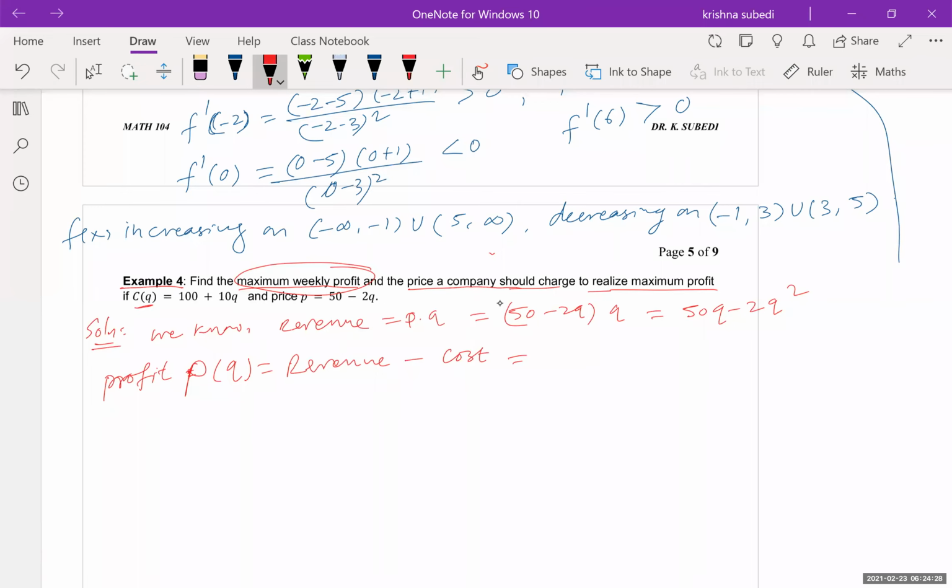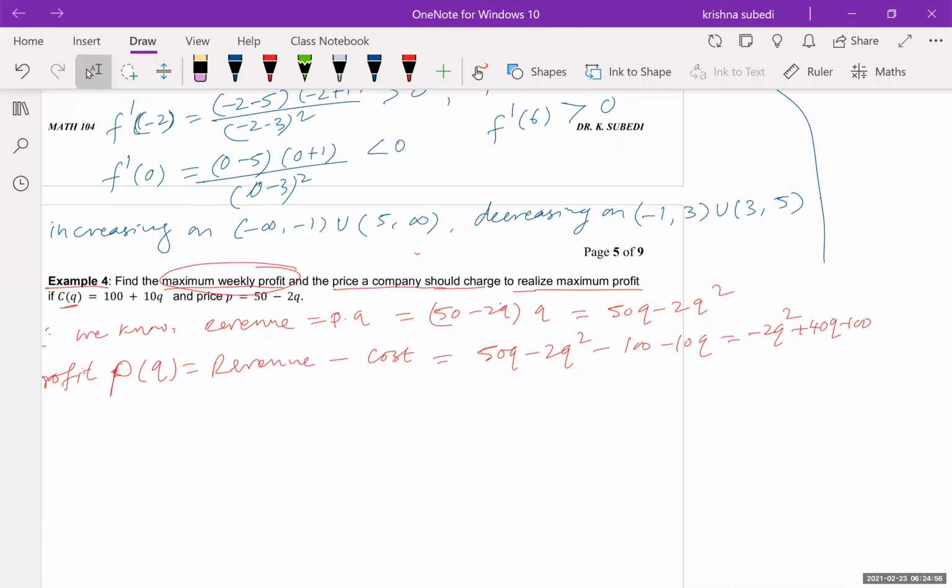So revenue is what we just found, which is 50q minus 2q squared, minus cost, which is 100 plus 10q. So that's going to give me negative 2q squared, 50 minus 10 is plus 40q, and minus 100.